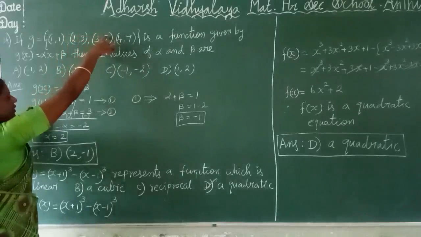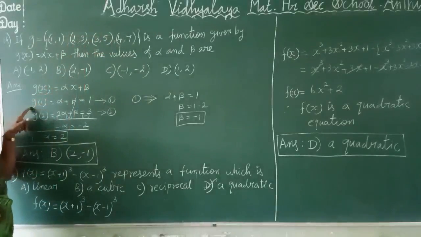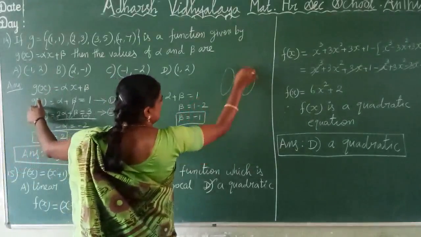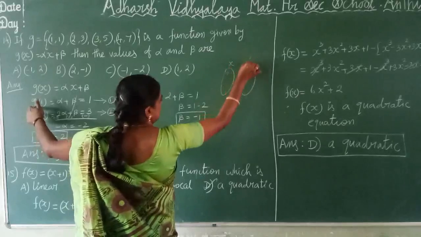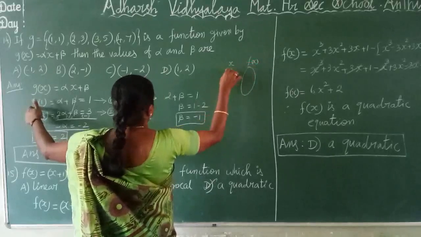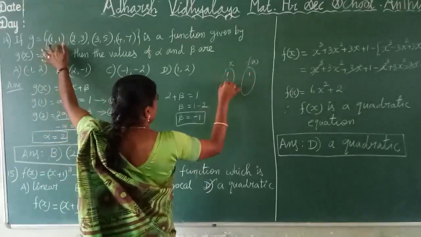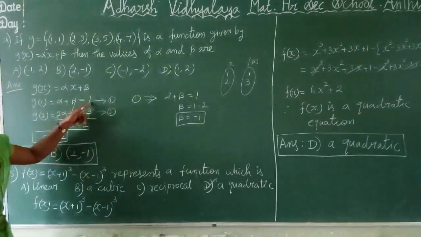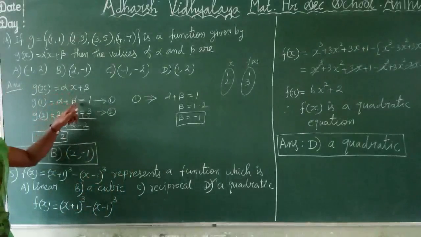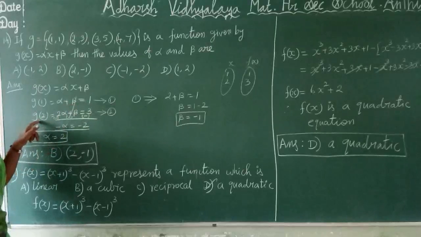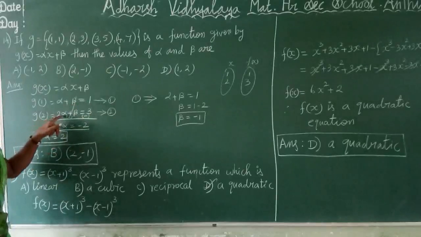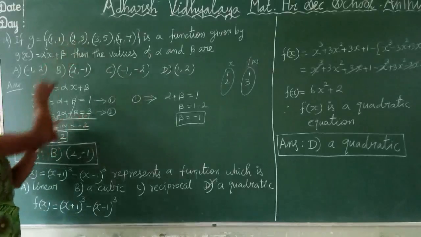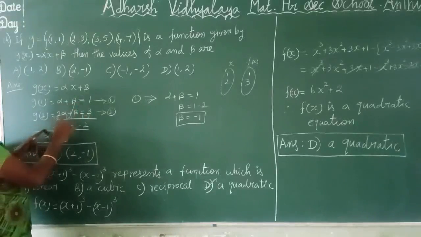These are ordered pairs, x and f of x. Here we take 1, the answer is 1, and 2, the answer is 3. So substitute x value 1, the answer is 1, so alpha into 1 plus beta equal to 1. Next we take x equal to 2, so alpha into 2, that is 2 alpha plus beta is equal to 3. Mark these equation number 1 and 2.